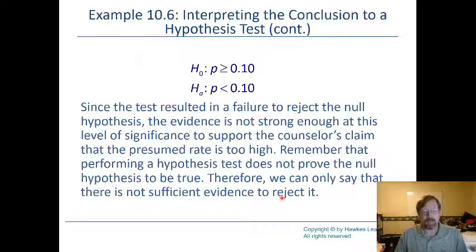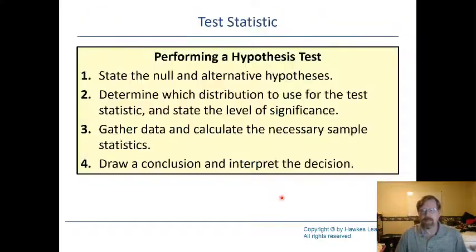Okay, so to perform a hypothesis test, state your null and alternative hypotheses, and determine which distribution to use. It's going to be the appropriate distribution for the appropriate confidence interval.